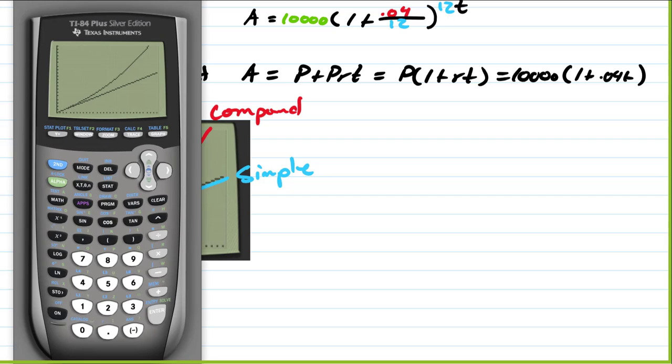Well, since it's already in our calculator, that's easy to do. We just go back to our home screen, alpha trace, choose y1, we put in 4. Alpha trace y1, we put in 8, and alpha trace y1, we put in 12.